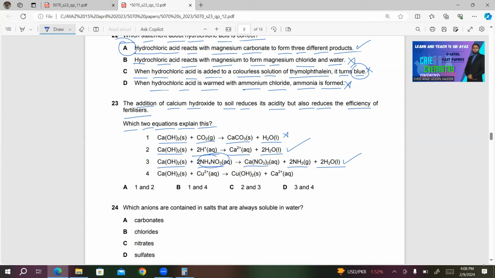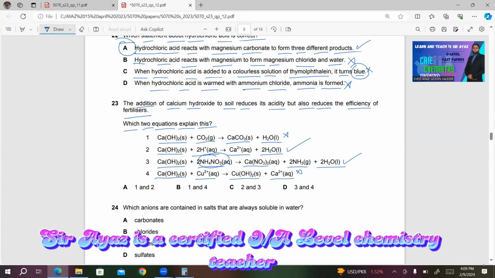So this is also correct. The last reaction, Ca(OH)2 solid plus Cu2+ aqueous gives Cu(OH)2 solid plus Ca2+ aqueous. This is incorrect. So only reactions 2 and 3 are correct in this case.